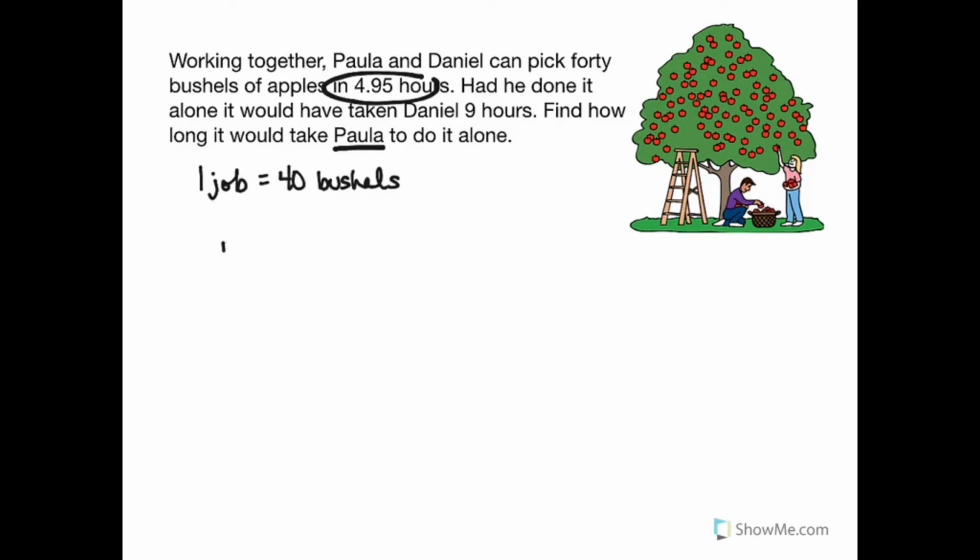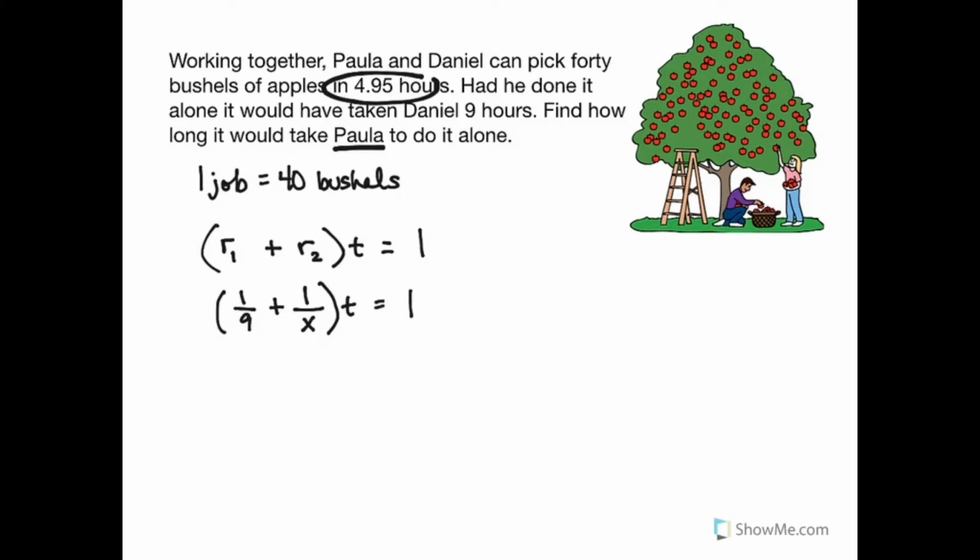Now what we did before was rate 1 plus rate 2 times the time together equaled one whole job. Now I know that Daniel's rate is 1/9, but I don't know Paula's rate, so I'll call that 1/x, because if her rate is x hours per 40 bushels, that will give me the right result.